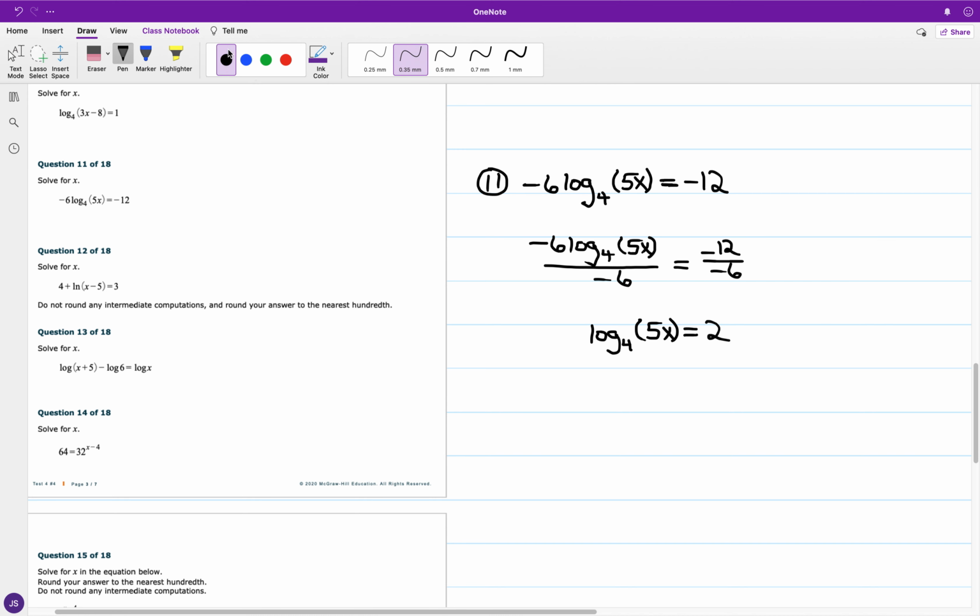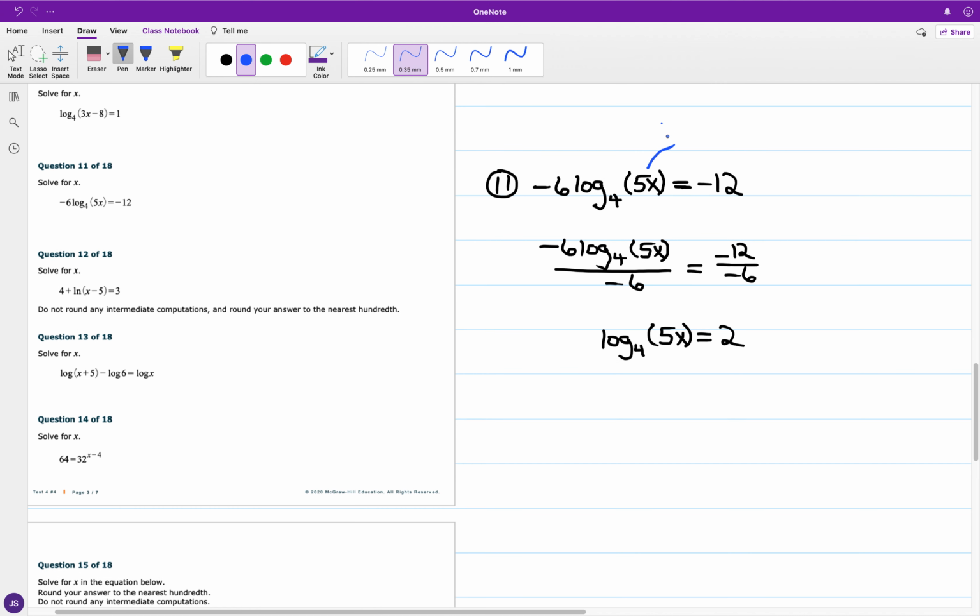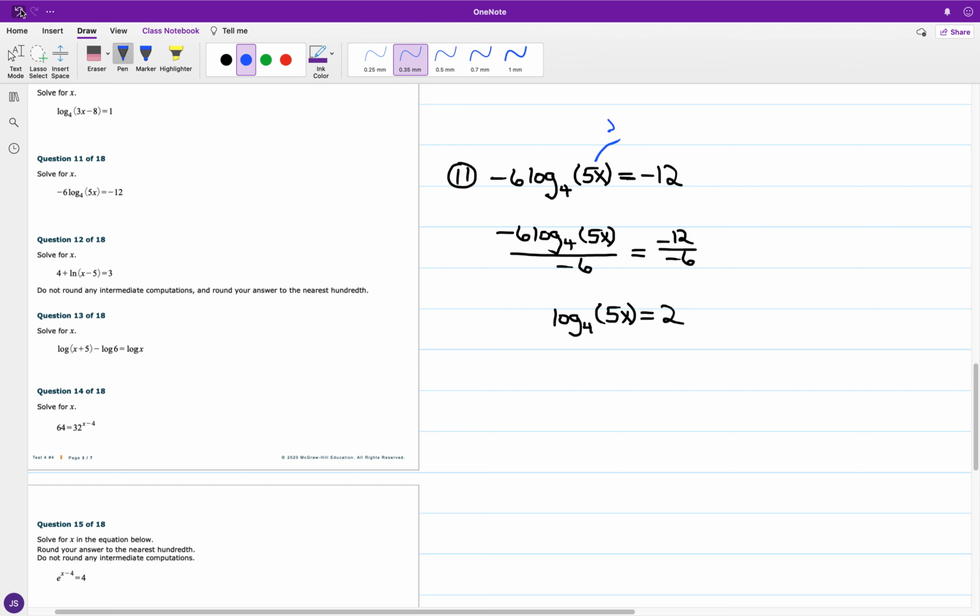And just a reminder, for whatever we have for 5x, 5x must be positive. So now we have the base 4 logarithm of 5x equal to 2, and we need to take care of the base 4 logarithmic appearance.